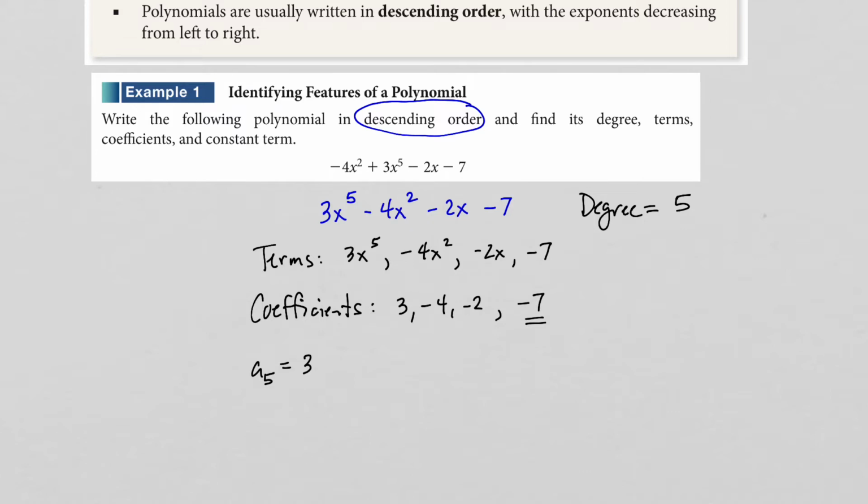The coefficient of the fourth degree term, well, there is no fourth degree term, so the coefficient would be 0. The coefficient of the third degree term would also be 0 for the same reason. The coefficient of the second degree term is negative 4. The coefficient of the first degree term is negative 2. And finally, the constant term a0 is equal to negative 7.